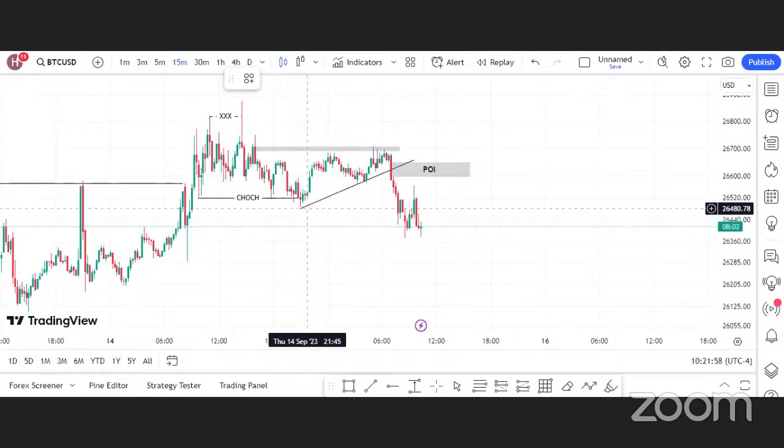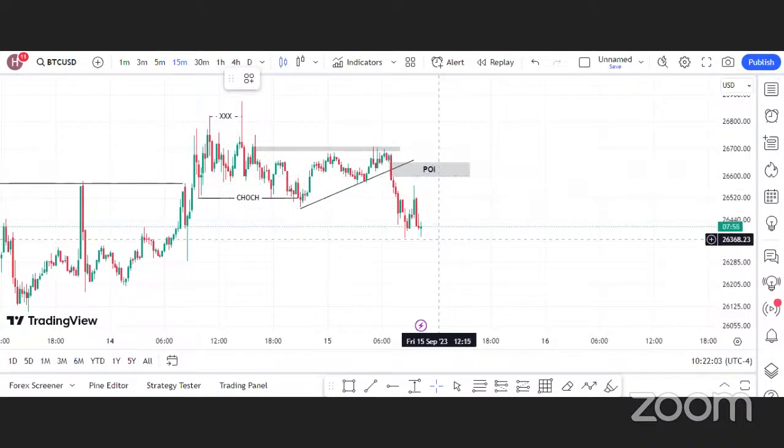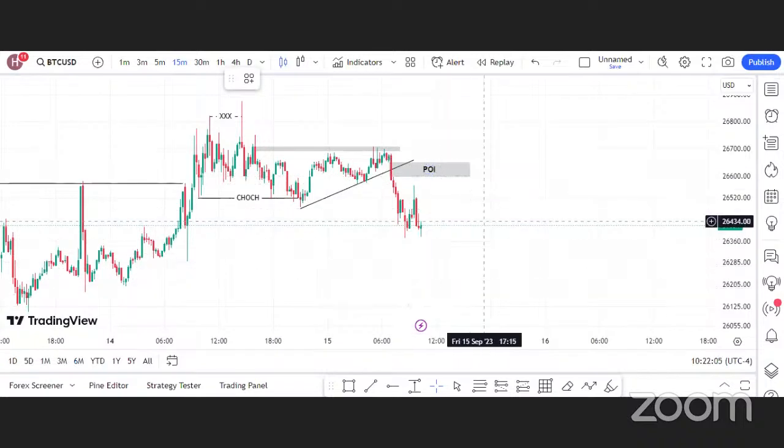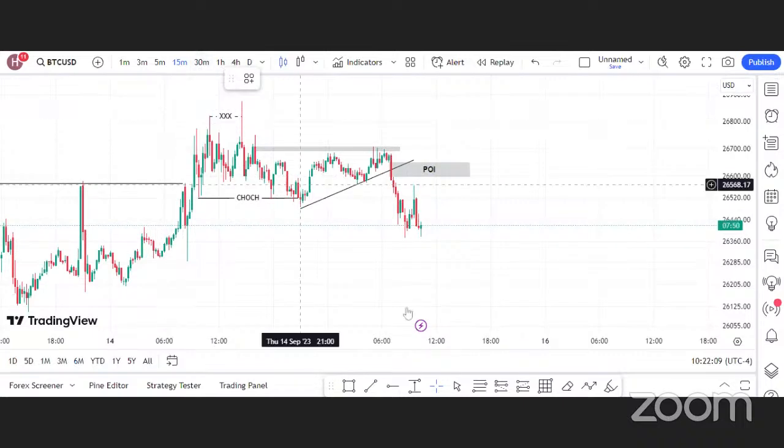This market will come back here, to this POI. So when the market gets to this point, you can take a sell entry to the downside and you can target, just a moment.